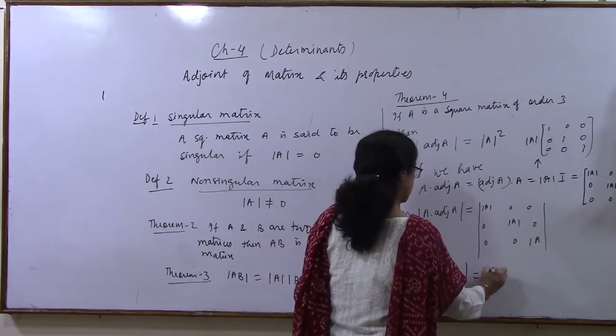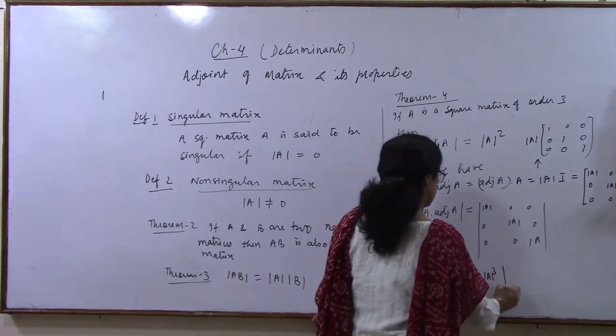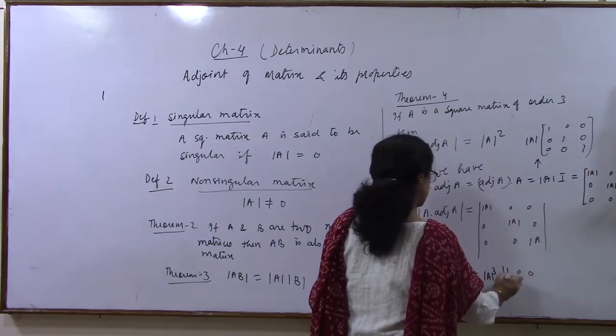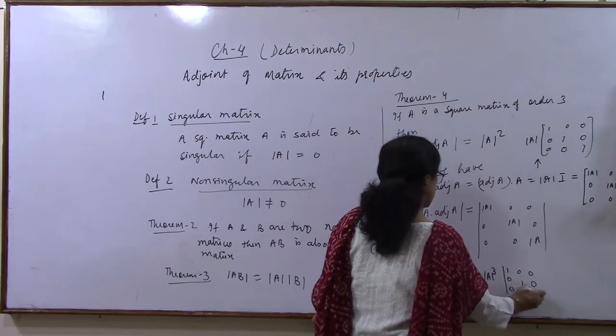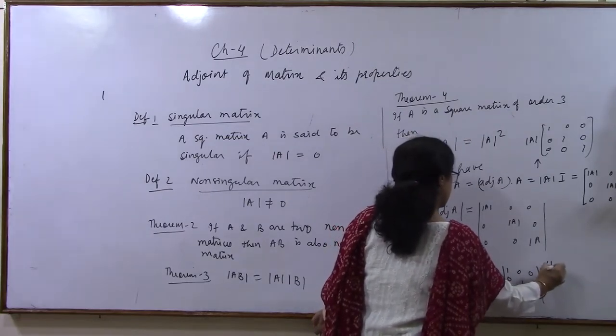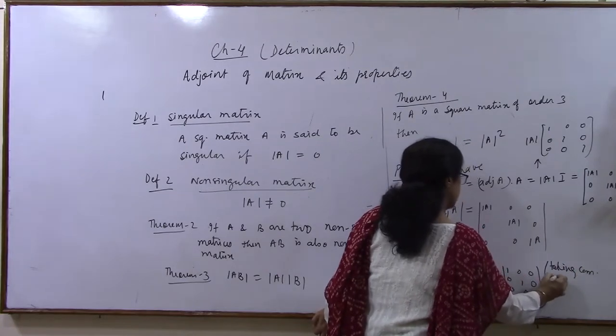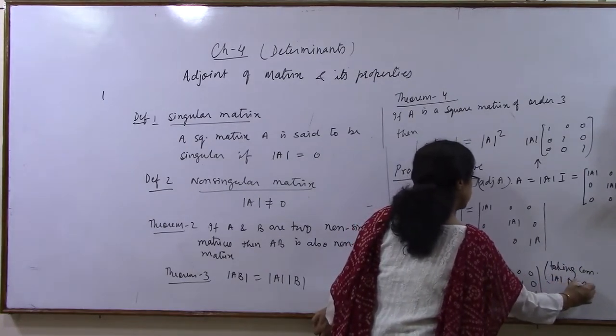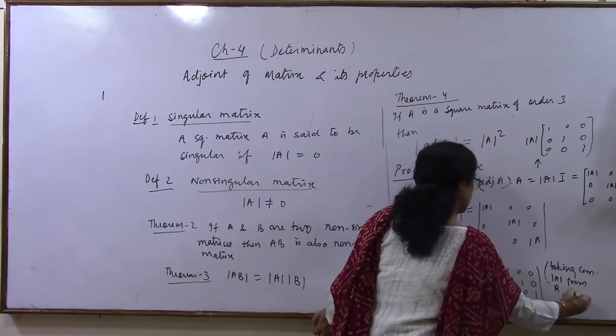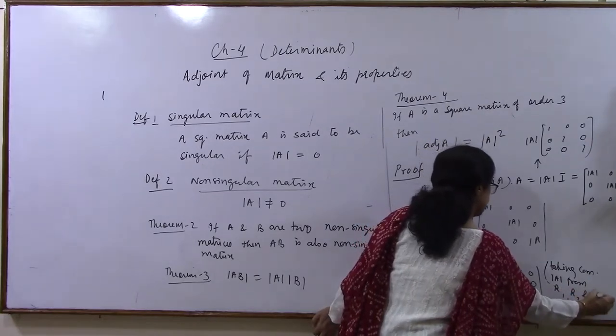Determinant A Q on 1 0 0 0 1 0 0 0 1, taking common determinant A from R1, R2 and R3 respectively.